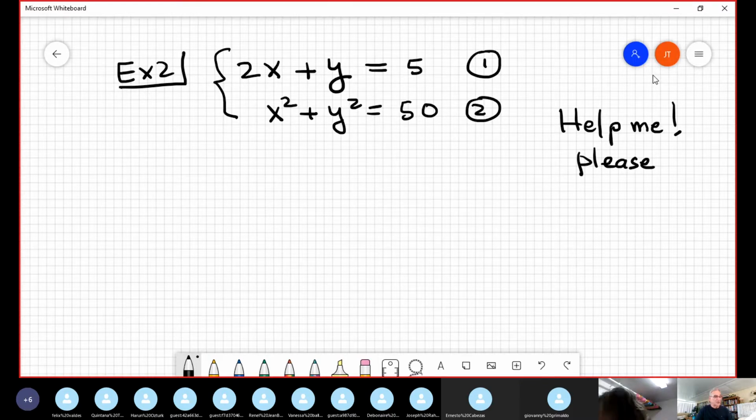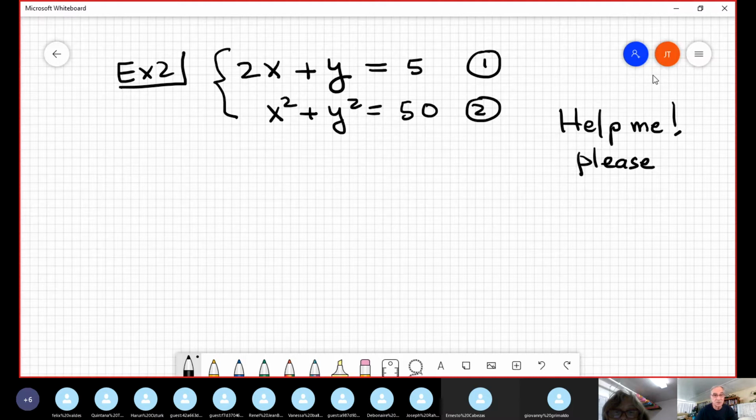What should I do? What is the strategy that you apply in this case? When you have a linear equation and a non-linear equation, what is the super easy way? Isolate. You could isolate the y in the first equation. Excellent. Why? Because the first equation is linear, and the coefficient in front of the y is 1.